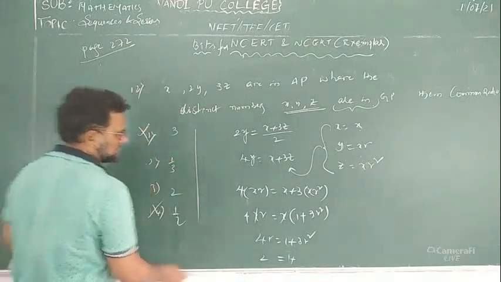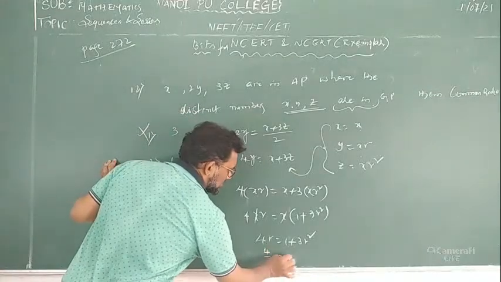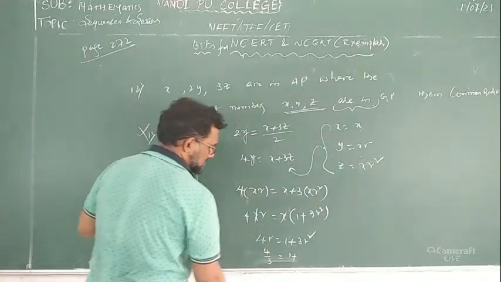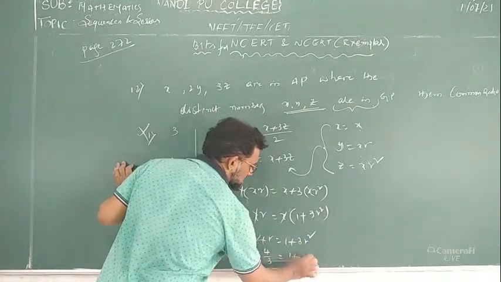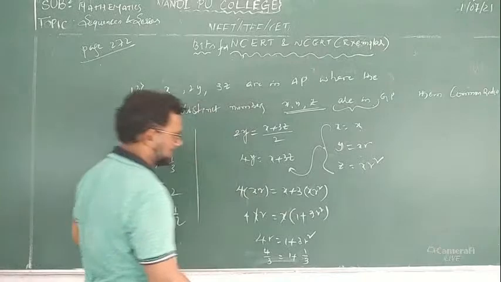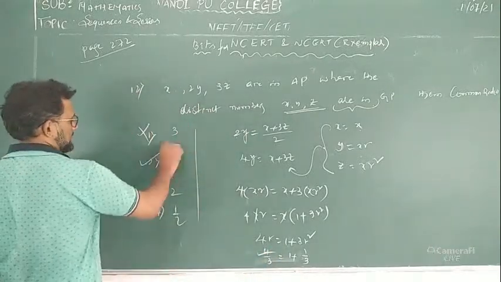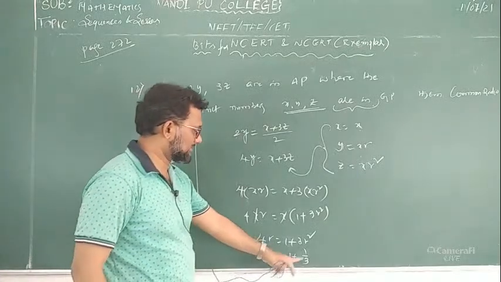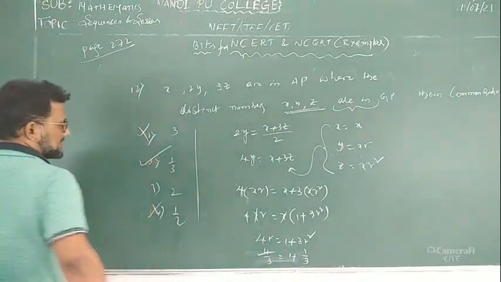If you go to 1/3, 4 by 3 equals 1 plus 3 into 1 by 9, it is satisfying, by taking LCM. So the second option is the correct answer.